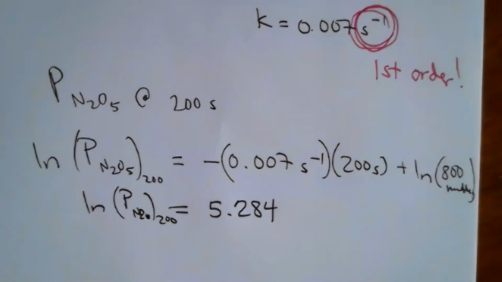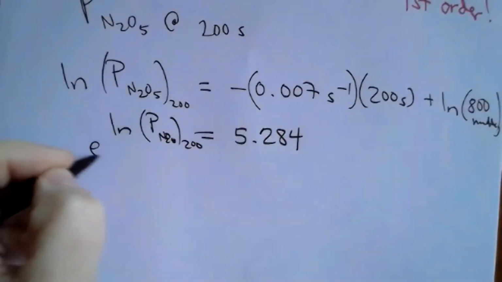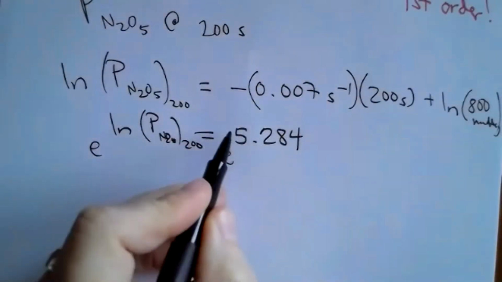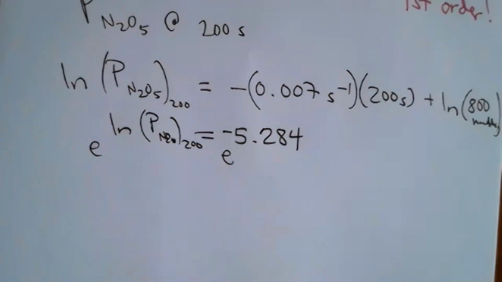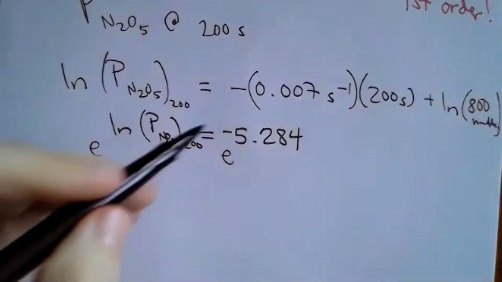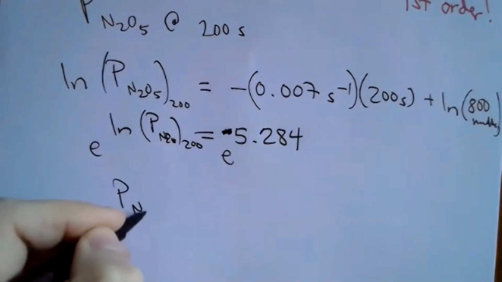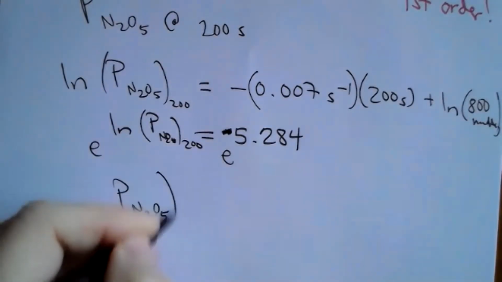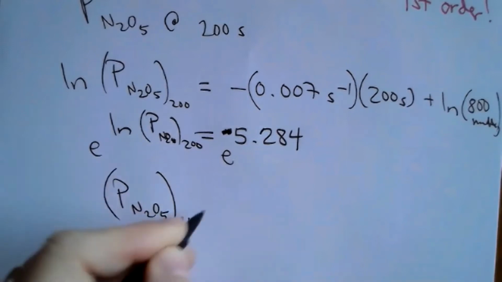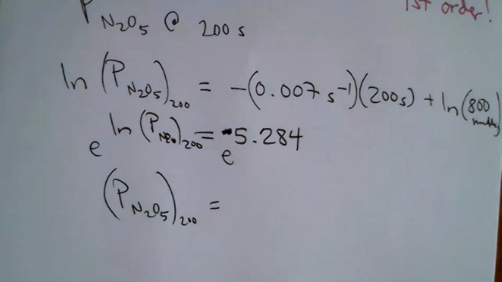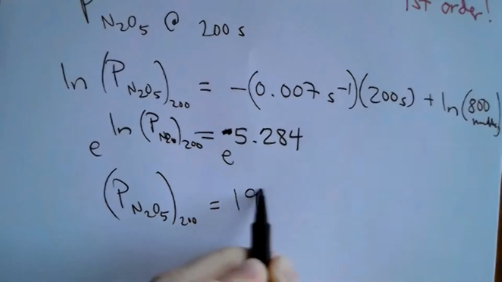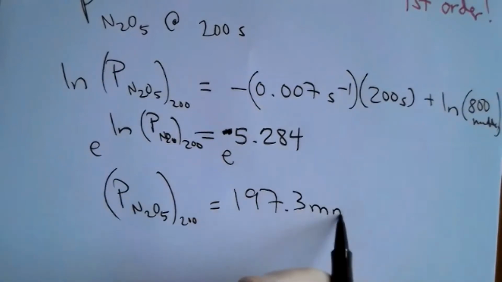I do the e to the, oops, I forgot my negative. Nope, I did not forget my negative. Sorry, that math is correct. I do e to the, and I get pressure of N2O5 at 200 seconds is equal to 197.3 millimeters mercury.